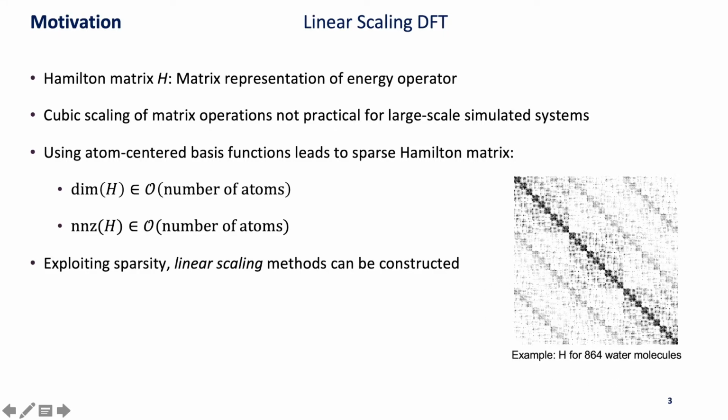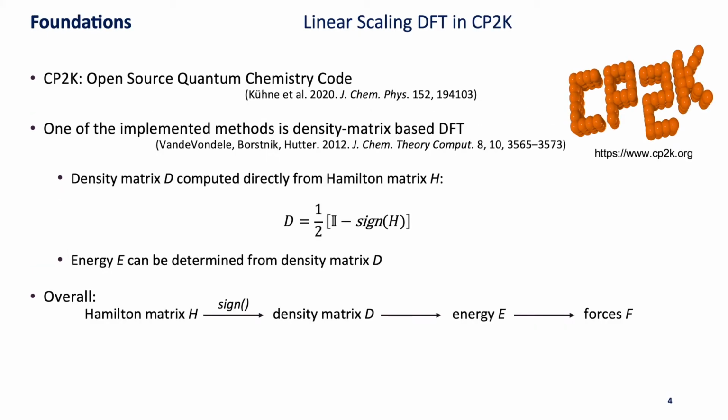So while the dimension of the matrix still grows with the number of atoms, the number of non-zero elements only grows linearly with the number of atoms as well. And by exploiting this sparsity, we can actually construct linear scaling methods for DFT.